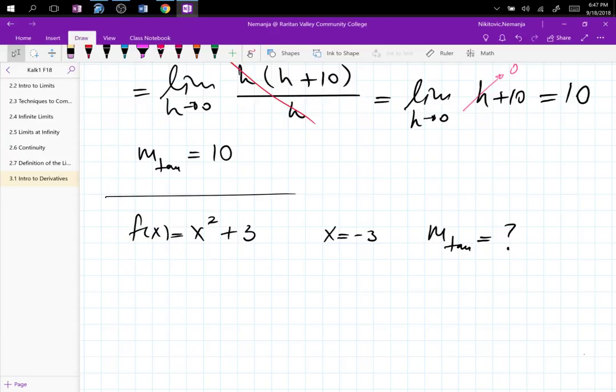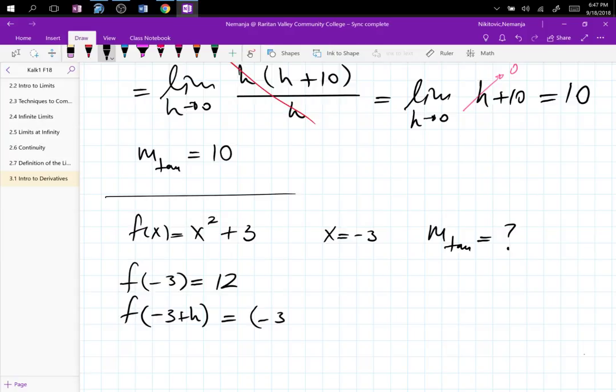You go and you say, all right, f of negative 3 is 12. And f of a plus h, I mean a plus h, so negative 3 plus h, which is negative 3 plus h squared plus 3.